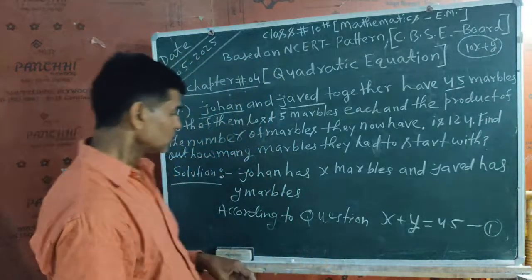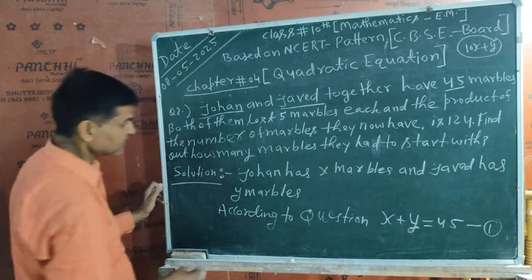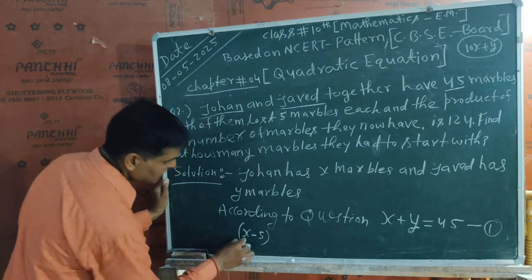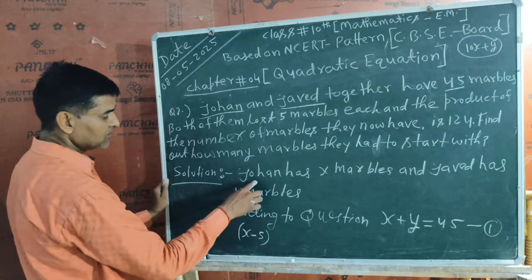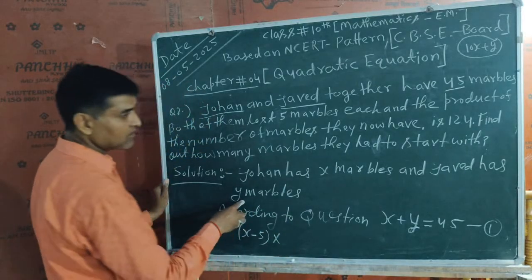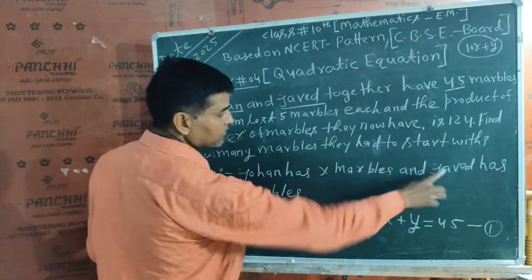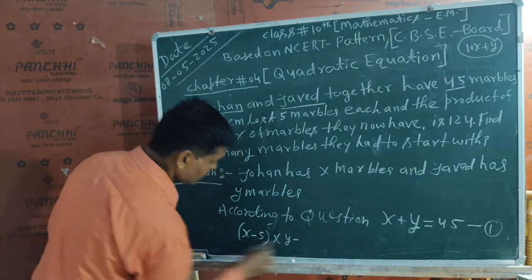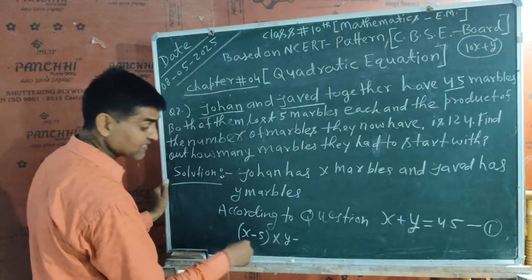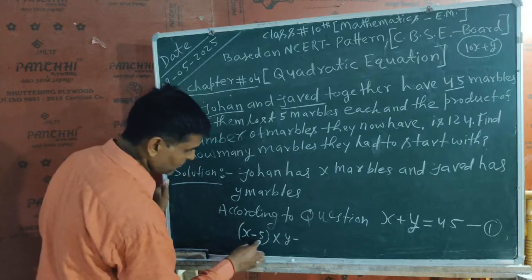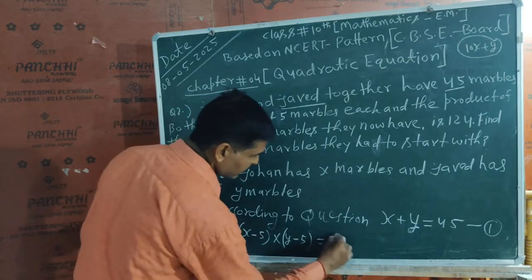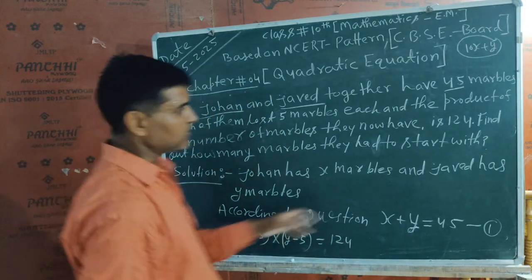So according to the question I can write x minus 5, where x is the number of marbles held by Johan, into y, the number of marbles held by Javed. Both had lost 5 marbles each, so I will subtract x minus 5 into y minus 5. So its product will be 124, and it is given in the question.